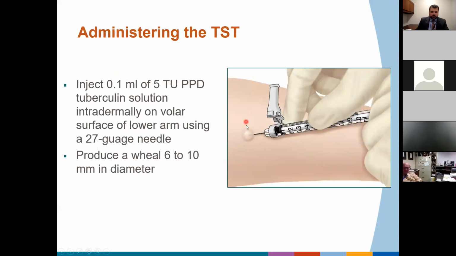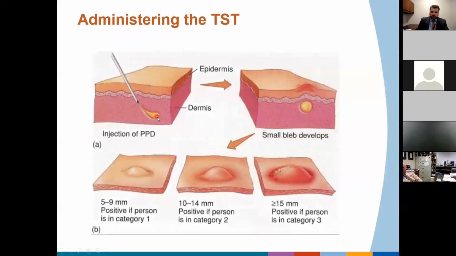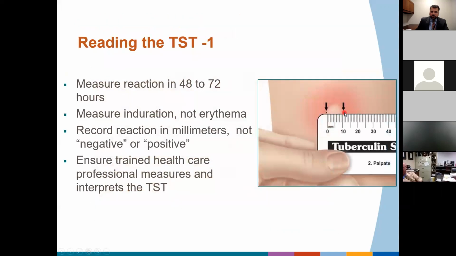Administering the skin test. Here's some information about administering it. This is an intradermal injection, and it creates a wheal. And when you read it, you want to measure the reaction in 48 to 72 hours.